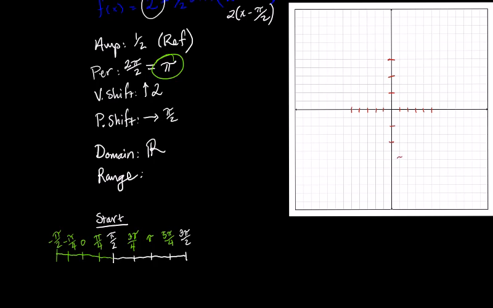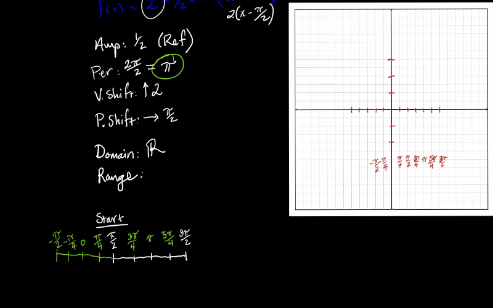I've got this as pi fourths, pi halves, 3 pi fourths, pi, 5 pi fourths. Guess I need one more. And then 3 pi halves. 0, negative pi fourths, and negative pi halves. Alright.